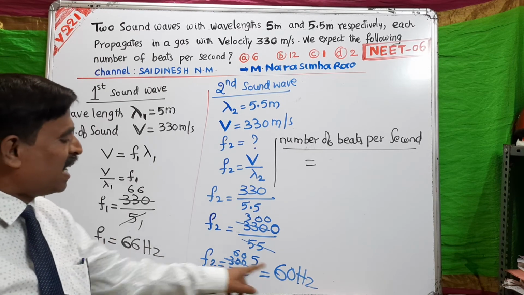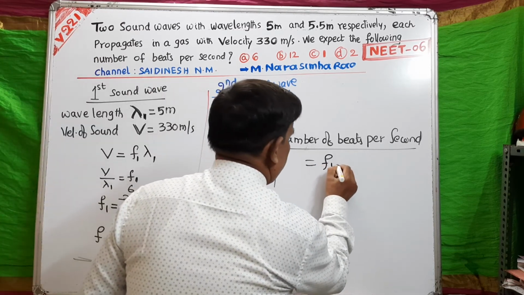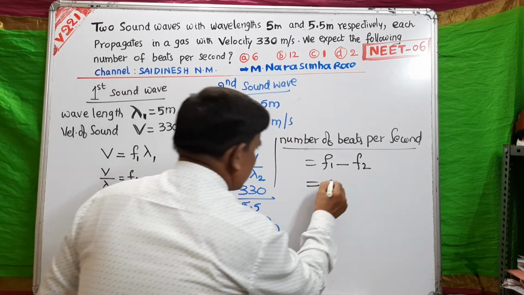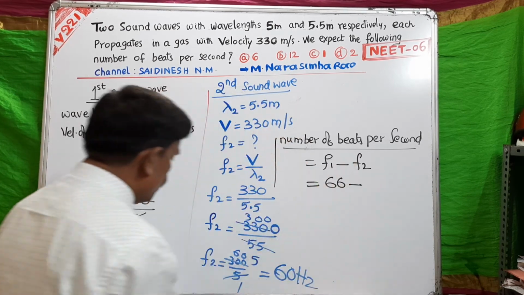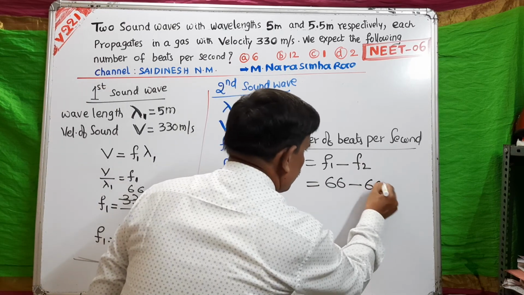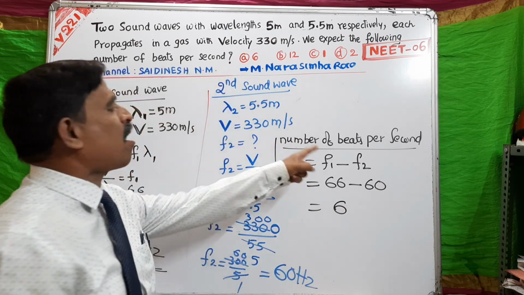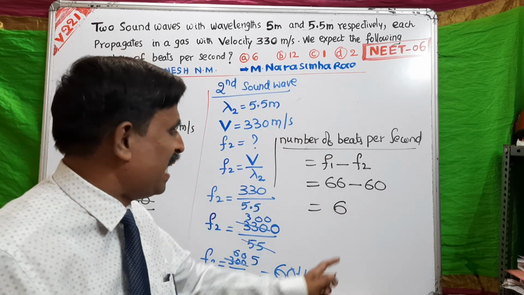F1 minus F2. F1 66, F2 60 hertz. 66 minus 60. Number of beats per second is 6.